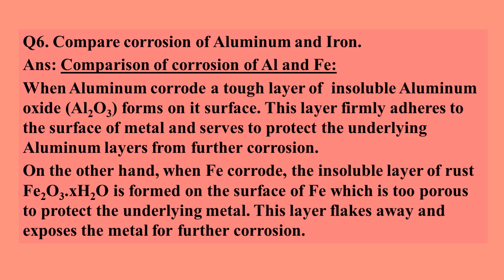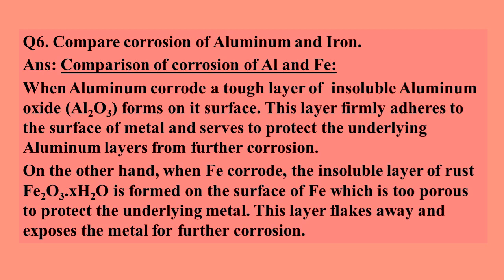On the other hand, when iron corrodes, the insoluble layer of rust is formed. The formula of rust is Fe2O3.xH2O. This layer of rust is too porous to protect the underlying metal. Means it has pores or holes on its surface and it cannot protect the metal from further corrosion.